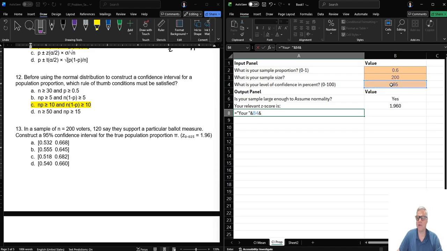"Your 95% confidence interval lower limit is:" Okay, so that's it, and this time I want to fix the B4 with F4.